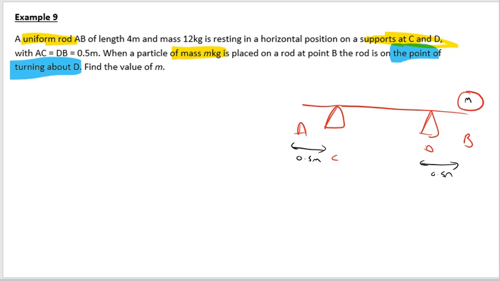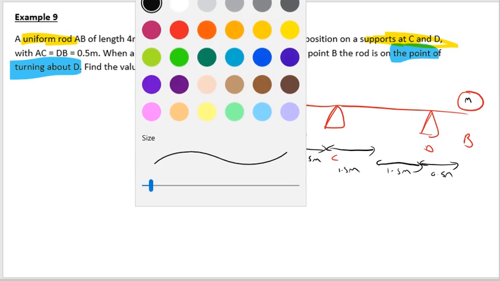We'll call it M. It's uniform, so the weight is going to act in the middle. That's 1 meter in from either side, so we need another 1.5 meters on either end to find the middle. And then we're going to have the weight acting from the center.